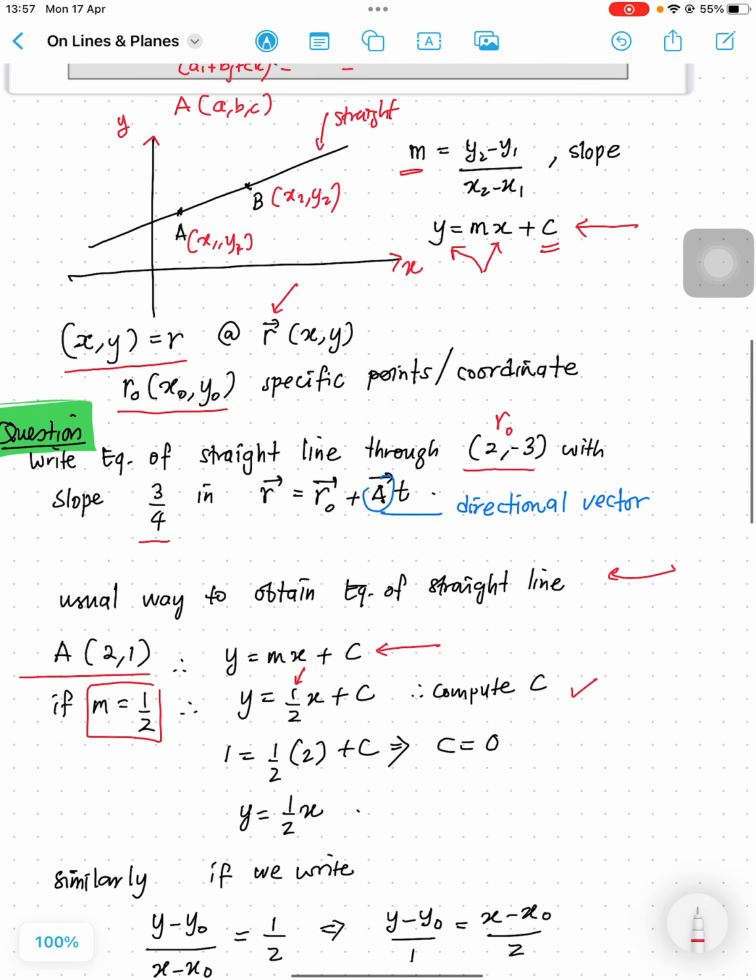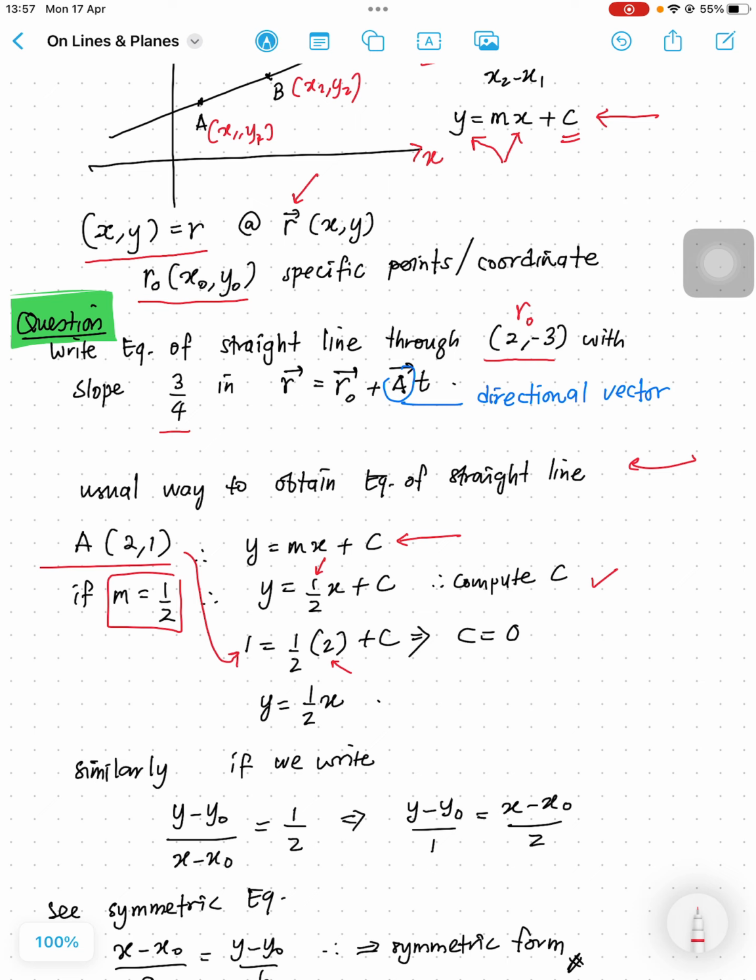Choose again A, substitute x and y, and then you compute c. Over here is an easy example because your c is 0. So your equation of a straight line is y equals to half x, or you can also write down 2y equals x. So this is also an equation of a straight line.